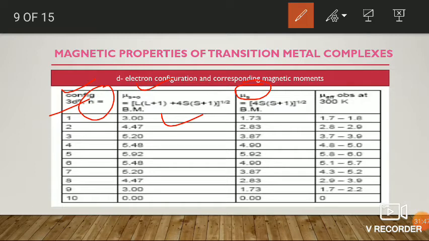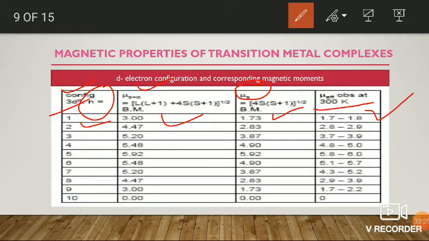According to the spin only formula, the spin angular momentum value is 1.73 in the case of transition metal complexes. But according to experimental observation at 300 Kelvin temperature, if the number of electrons equals 1, then the experimental magnetic moment value must be 1.7 to 1.8.